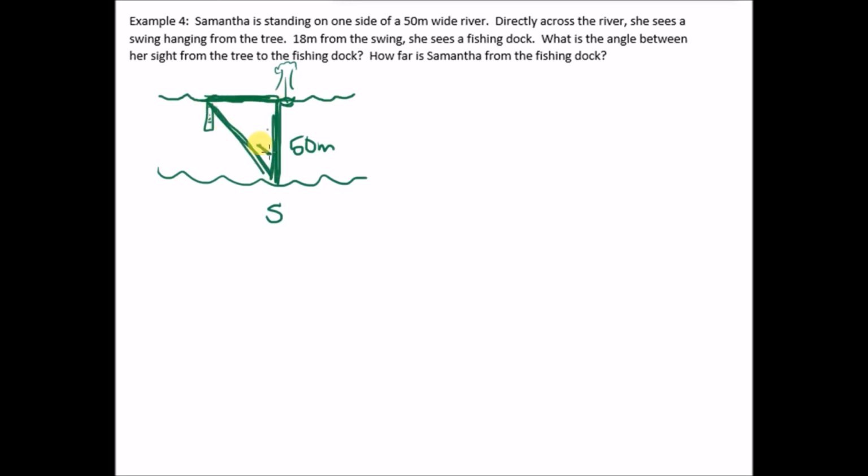So we want to know this x. Let's talk about this. We know that we're going to use SOHCAHTOA because this is a right angle triangle. This is our angle, so we don't know the angle. We don't know either the sine, the cos, or the tan. But we know the opposite.